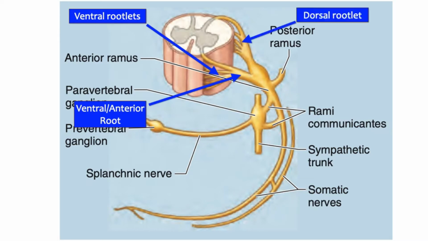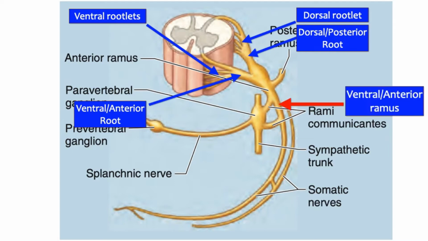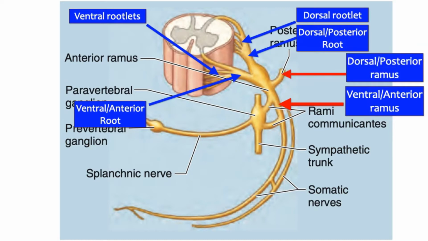Likewise, these are the dorsal rootlets which combine together to form a single dorsal root of the spinal nerve. Now, the ventral root and the dorsal root of the spinal nerve will combine together to form a single spinal nerve. The single spinal nerve will then divide into two branches, that is the two ramus, which are, this is the ventral ramus, also called as anterior ramus, and this is the dorsal ramus, can also be called as posterior ramus.